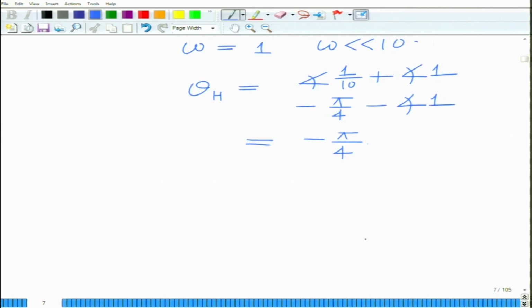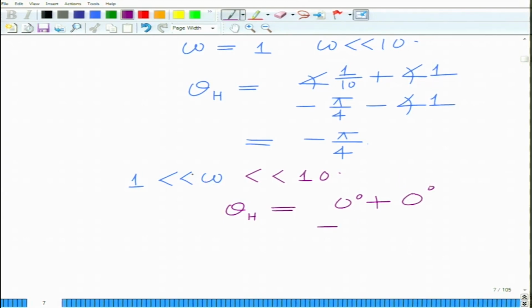Now, proceeding so forth, when omega is much greater than 1, but much smaller than 10, theta H is the angle of 1 over 10 in the numerator, that is 0 degrees, plus the angle of 1 plus j omega over 10, but since omega is much smaller than 10, this is also 0 degrees.